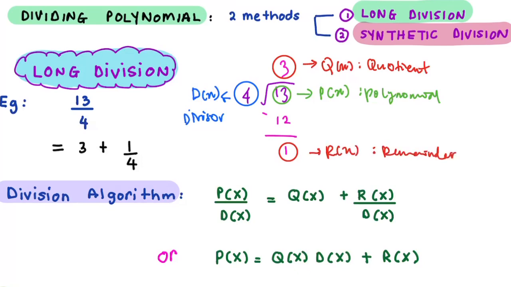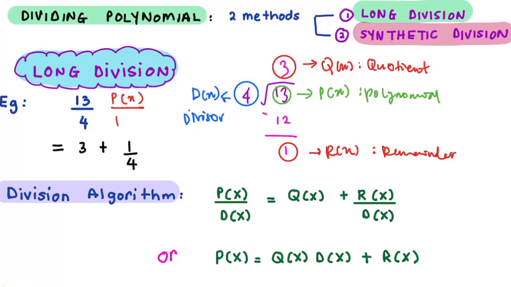So how will you conclude your answer? 13 over 4, you will write it as 3 plus 1 over 4. This is the usual way you write after you do a long division. So let me write here using all the terms.